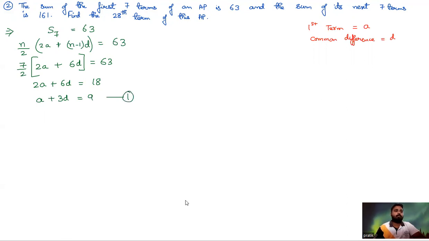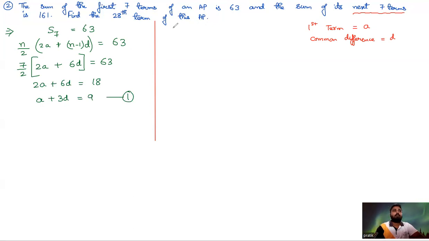Now, how to frame the second equation? Framing the second equation is something where you need to understand. This is the sum of its next 7 terms, so definitely it is not the first 7, and I can't use this formula over here. The next 7 terms and the first 7, so in total how many terms? 14 terms, right?